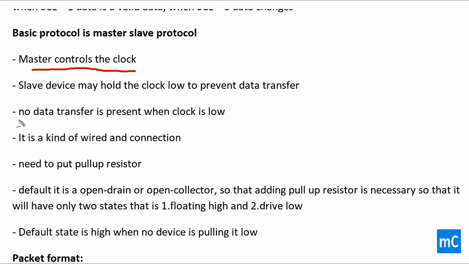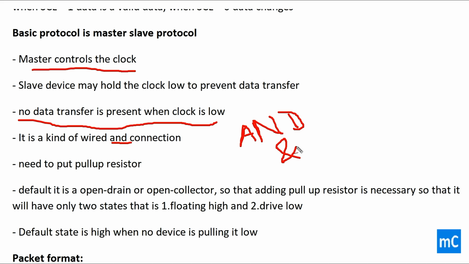So this is one way of preventing data transfer by the slave. It is a kind of wired AND connection. We will see why I am calling this a wired AND connection later.